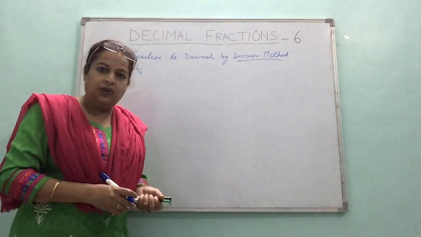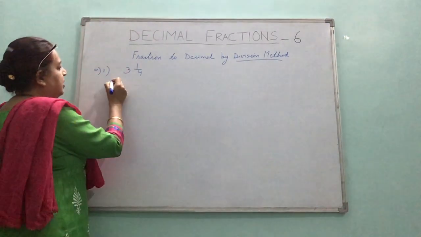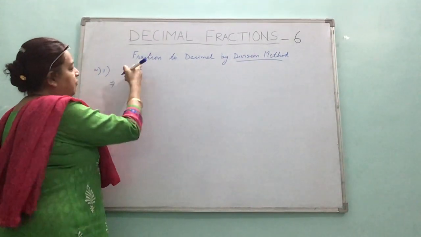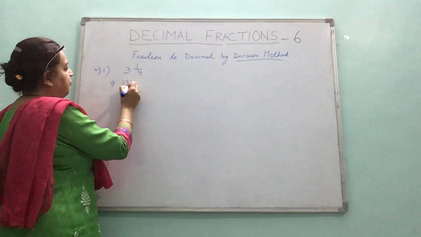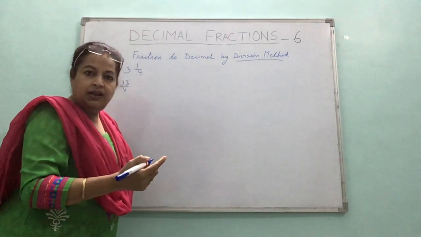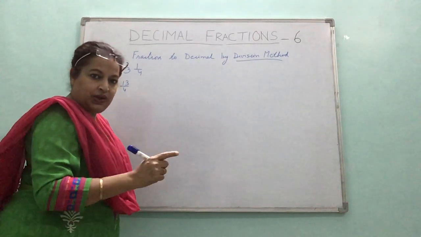Well, the other method you already know. I will revise it with you. First we convert it to what? Improper fraction. 3 4s are 12 plus 1, 13 by 4. 4 can be easily converted to 100, so to do that, we multiply 4 by 25.